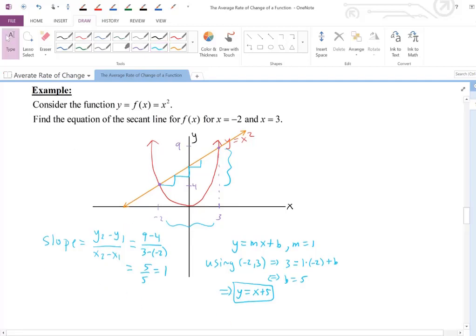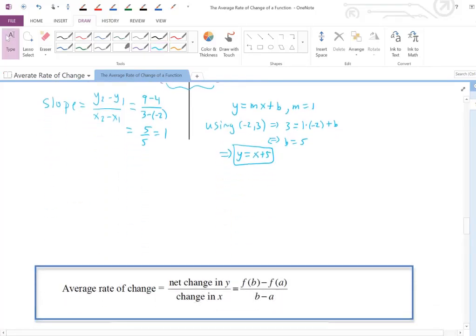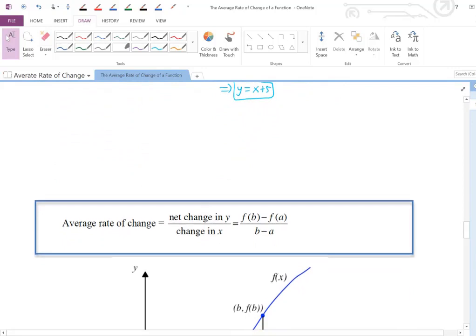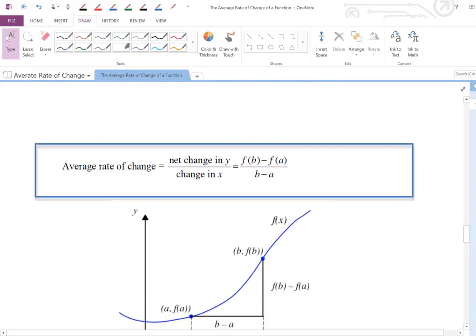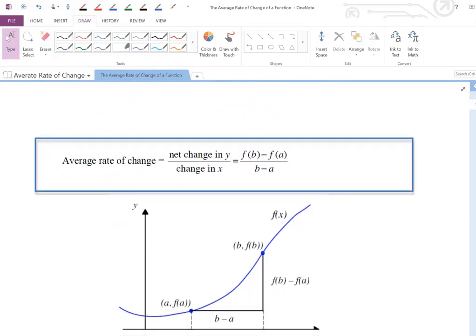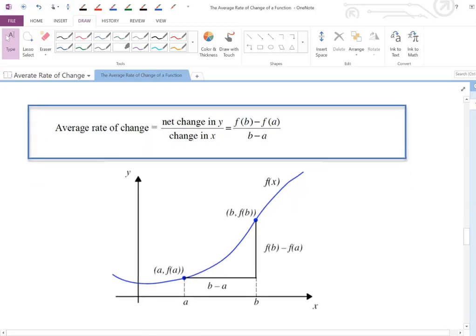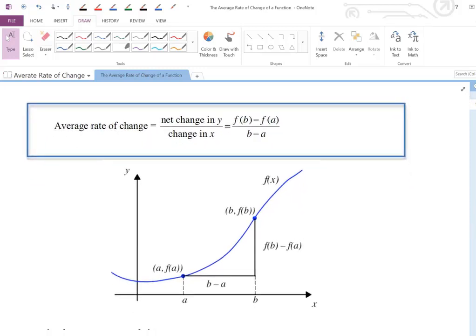We'll see it again, but first we want to talk about what really is average rate of change here, because we've been talking about all these lines and slopes and stuff. Here's how we define average rate of change in general. It is just the net change in the output direction over the net change in the input direction.